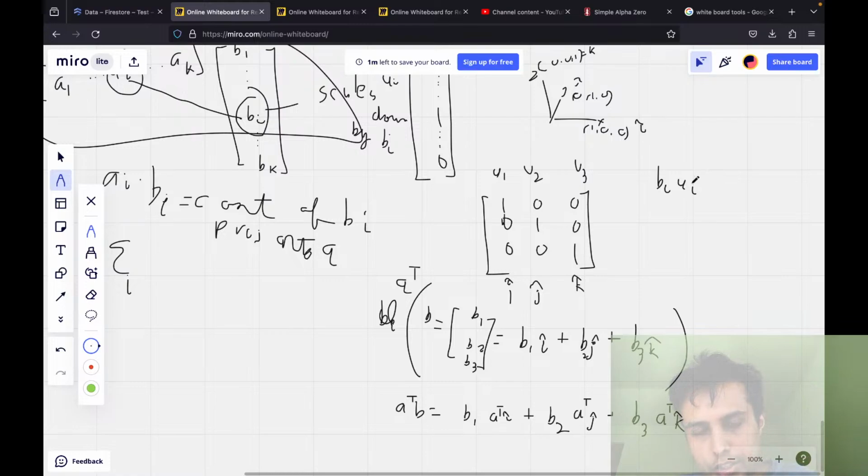This is just some ith dimension and its contribution to the dot product, like when we do ai times bi, the contribution of bi projected onto a.